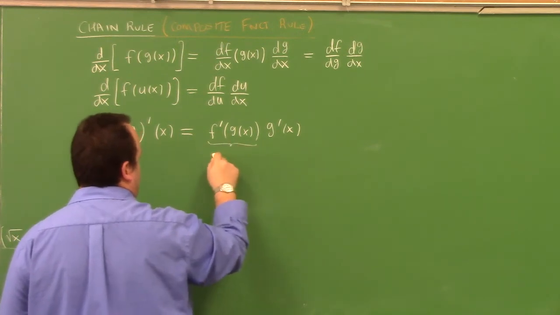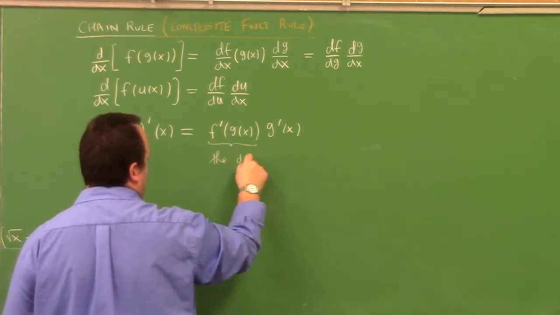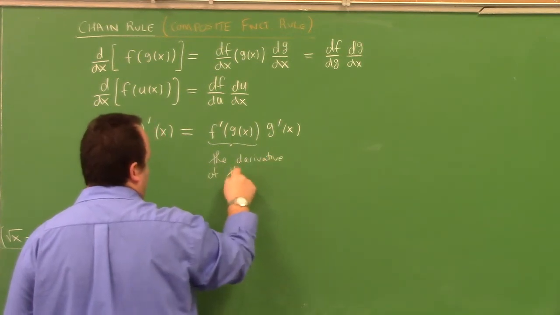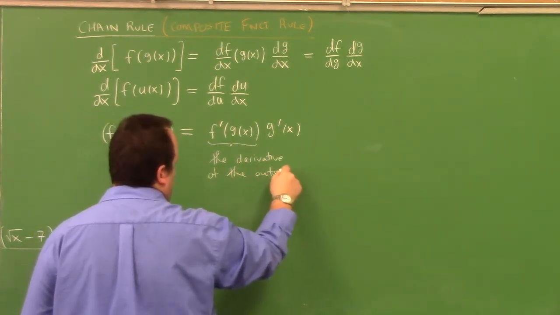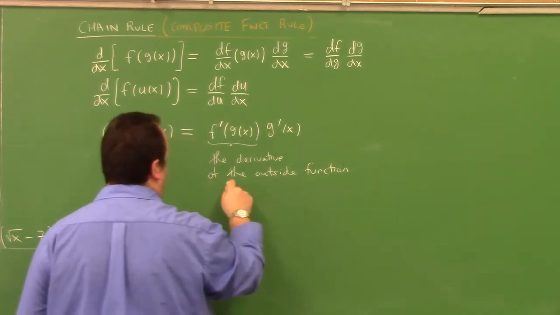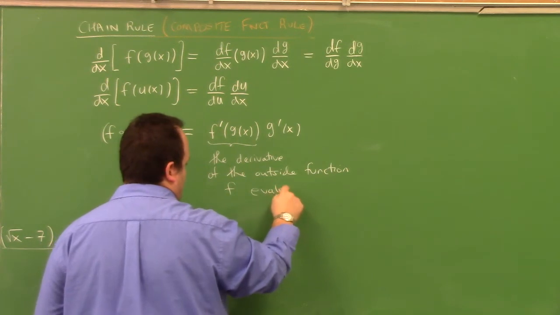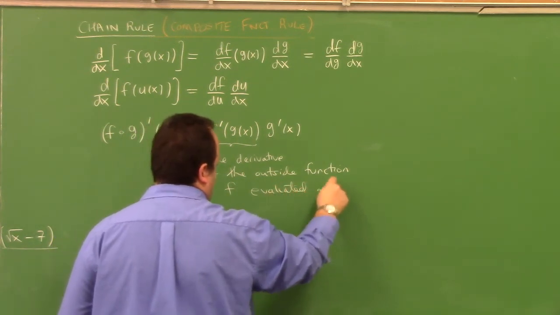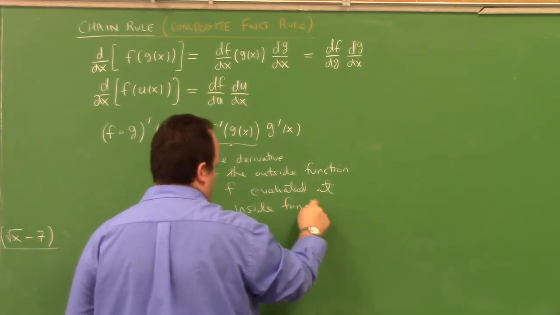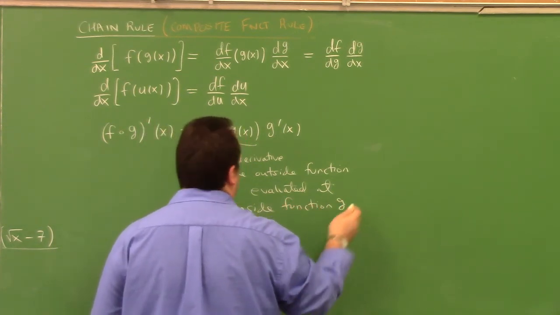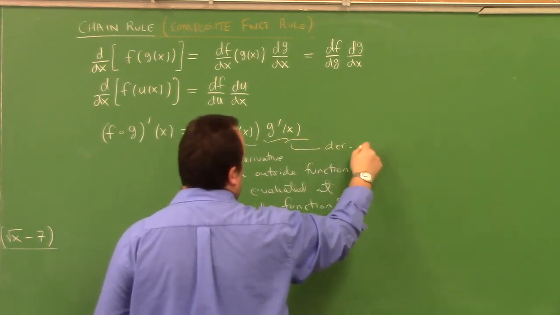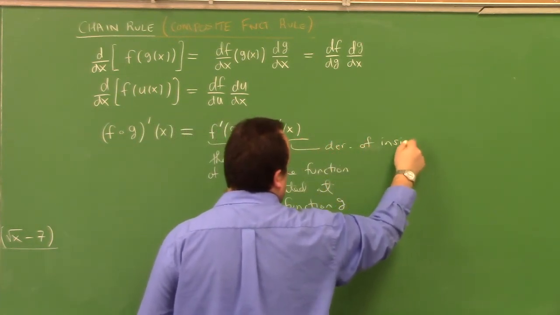This is the derivative of the outside function f evaluated at the inside function g. This one here is just the derivative of the inside function.